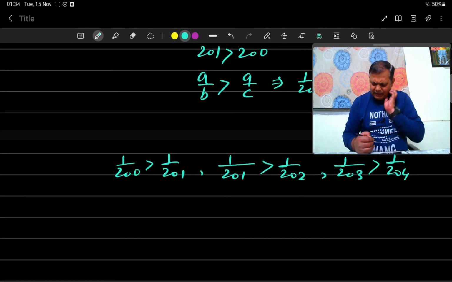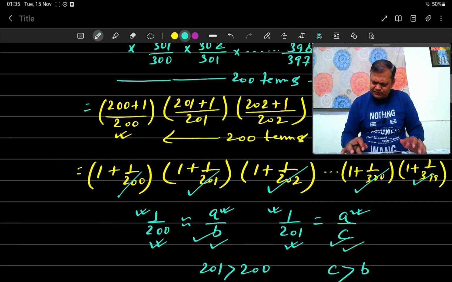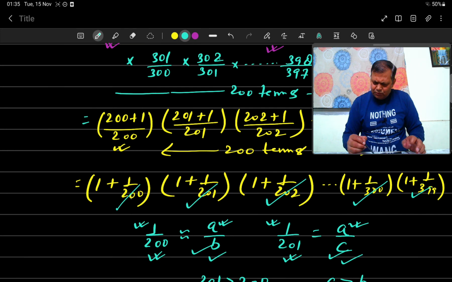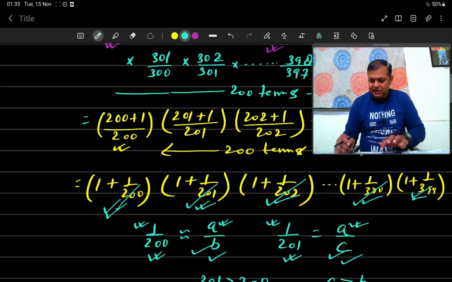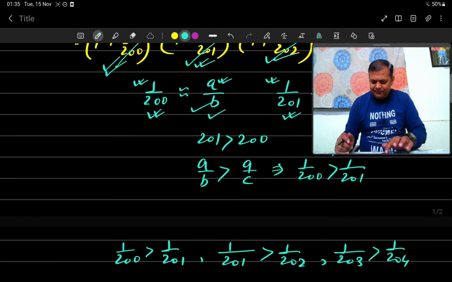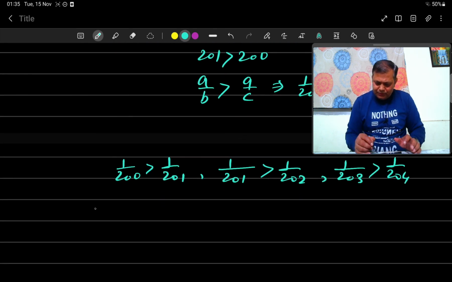So, my dear friends, in this expression, 1 by 200 is bigger than 1 by 201, so the terms go smaller, smaller, and smallest. So if you multiply these factors, you will get a smaller result. So this expression, that is 2, has a smaller value.